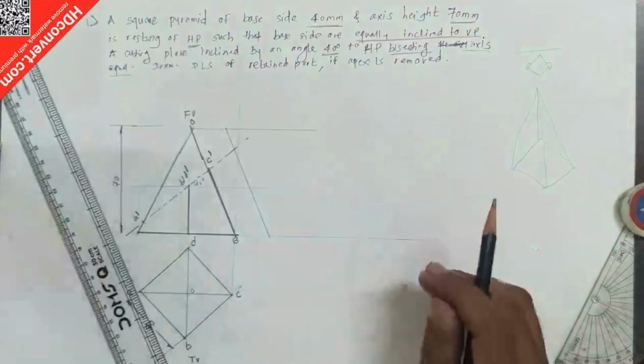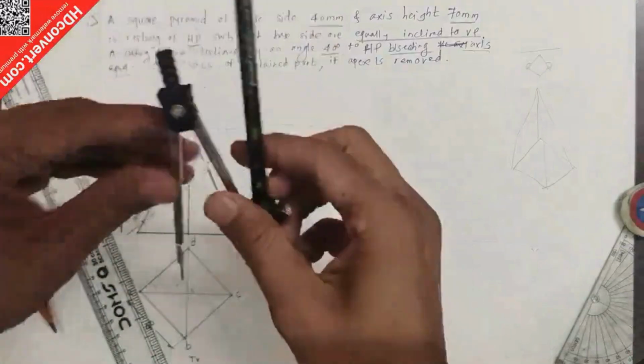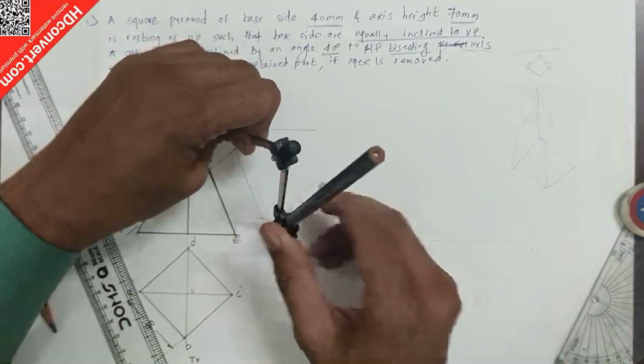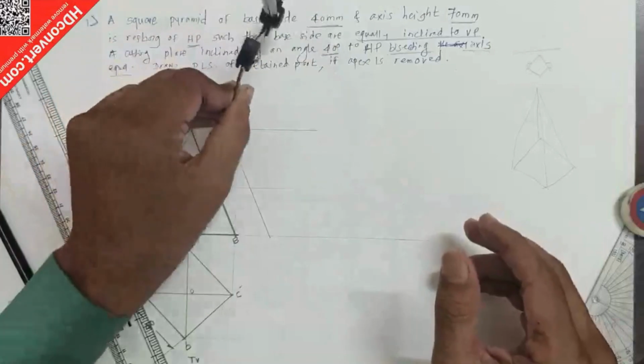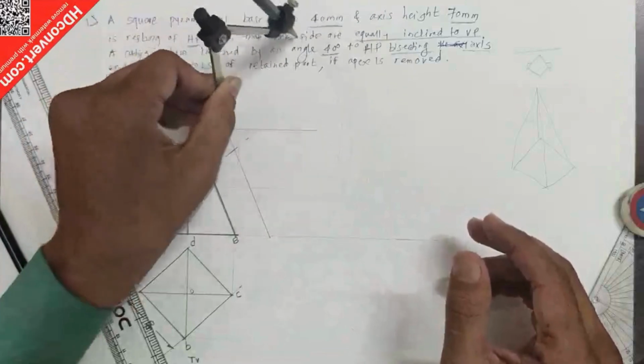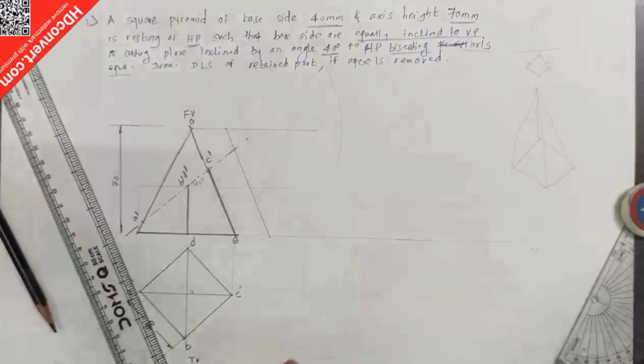Then I'll take this distance in the compass and make an arc like this.